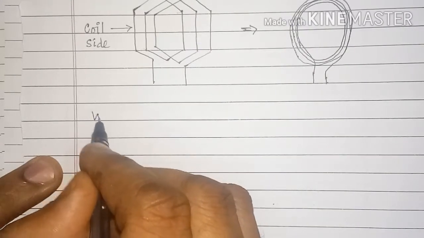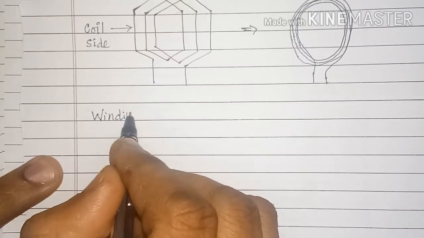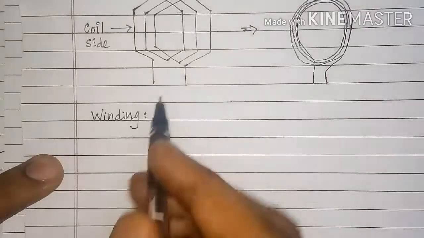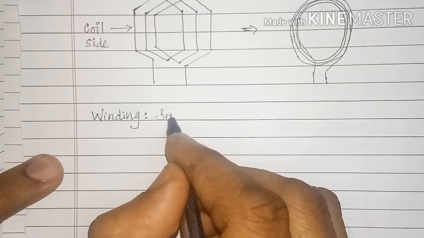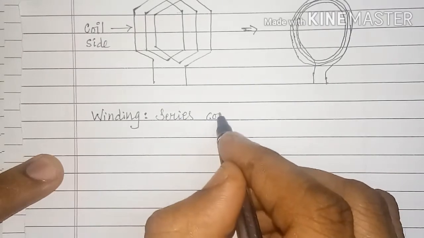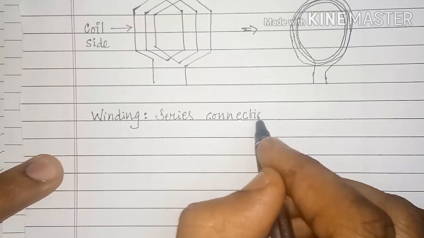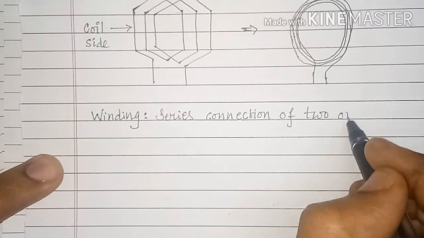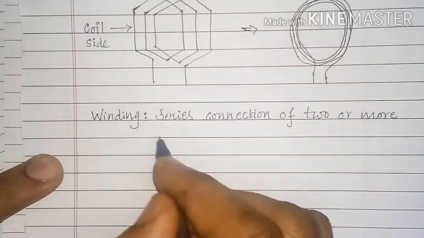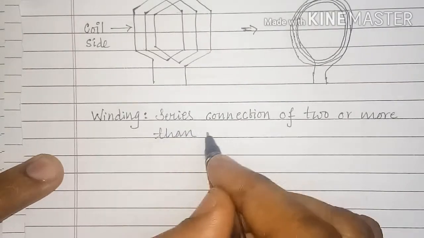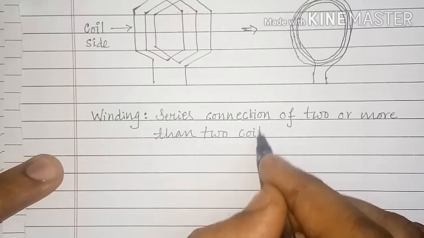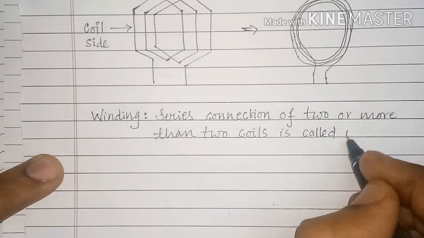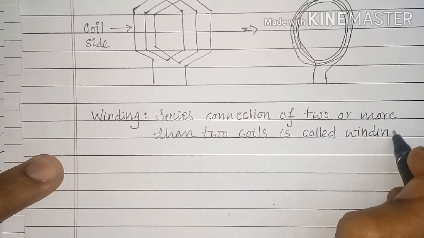Next, we will see what is winding. Series connection of two or more than two coils is called winding.